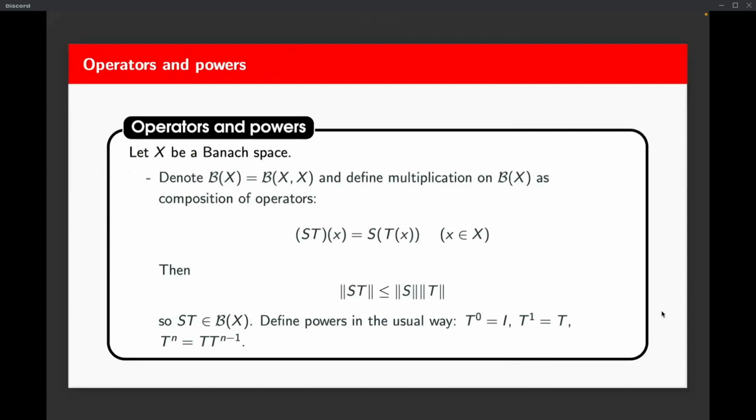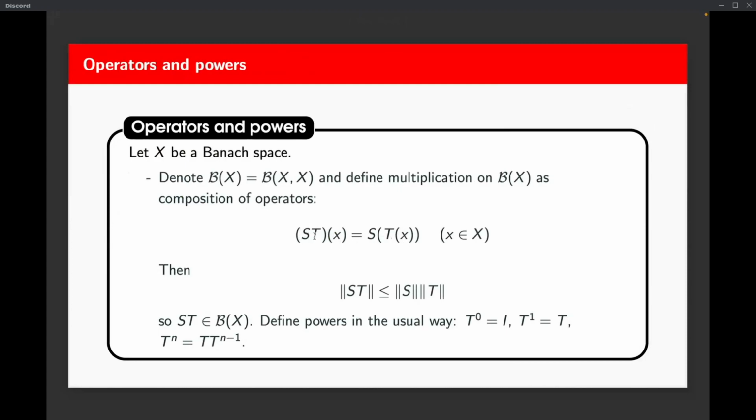Okay, so this is just a reminder of some notation. We're going to specialize now and look at operators from X to X. So in that case, we can apply an operator repeatedly. Just a reminder that B of X is now a Banach algebra, so the quote-unquote multiplication is just the composition of functions.